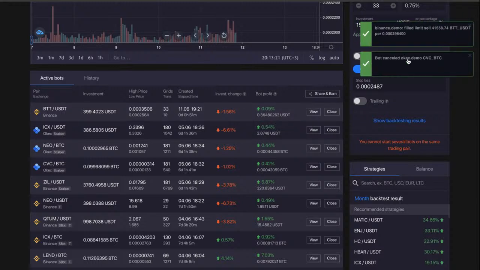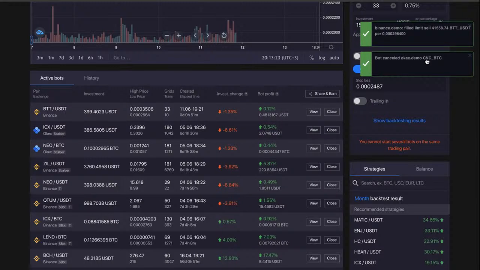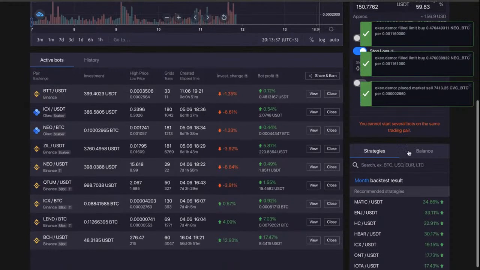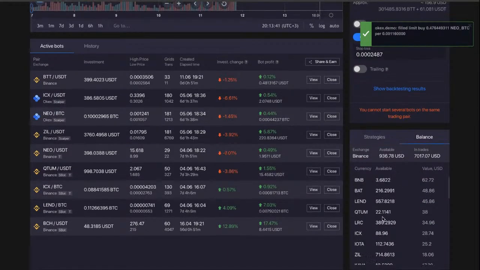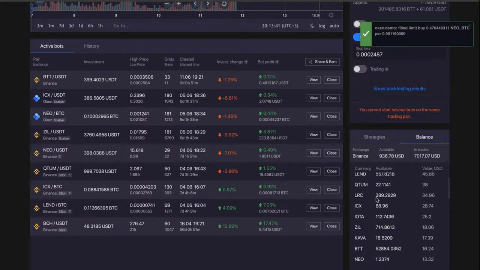So you see the bot cancelled my OKEx demo bot. It filled the limit sell. It's going to use the market sell to sell what is left over. And if I click on the balance, you see that I no longer possess any Civic.